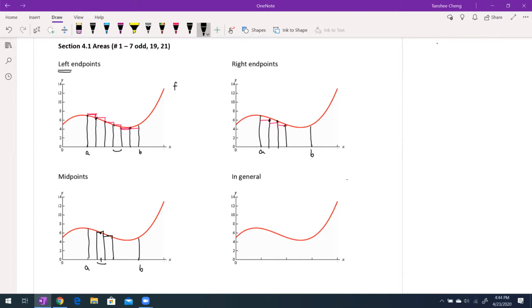So in general, to make it a good approximation, depending on where this rectangle is, the height that we're going to look for is not the right endpoint, not the left endpoint, not the midpoint. It's the best approximation for this particular rectangle, meaning the minimum error that we're going to get.